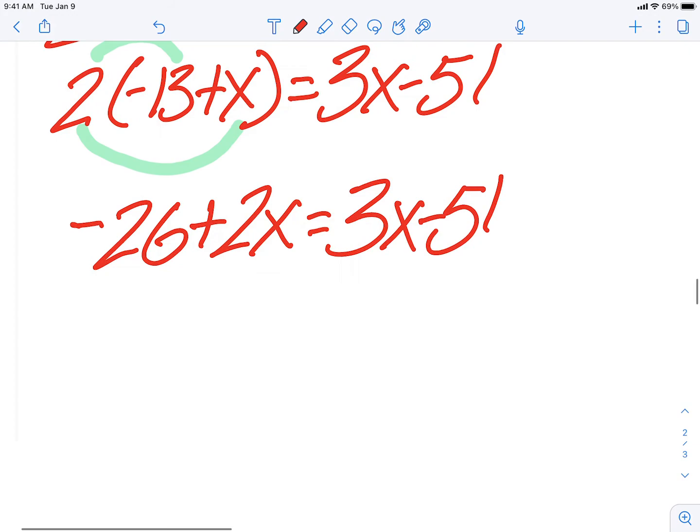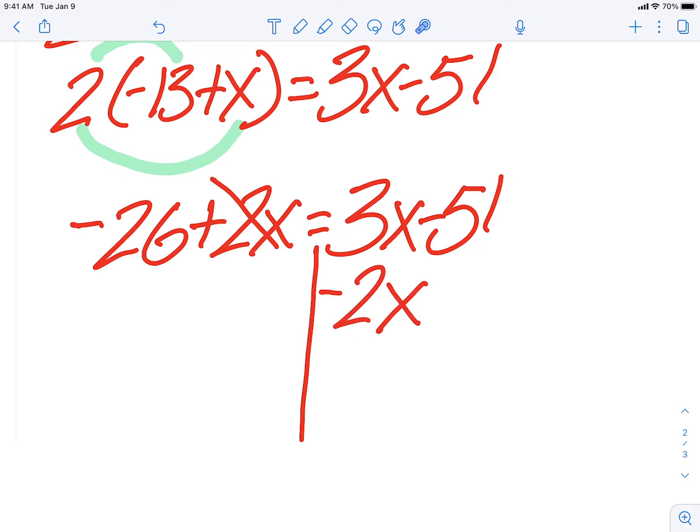Now I'm going to bring all my x's together. I bring this 2x over and make it a negative 2x, and bring this negative 51 over and make it a plus 51.